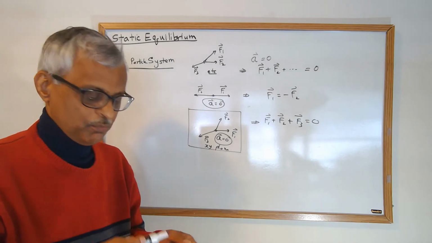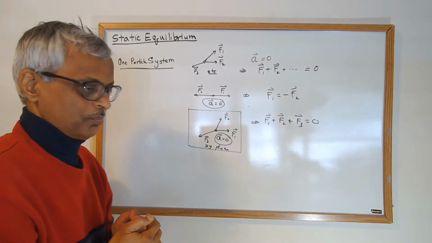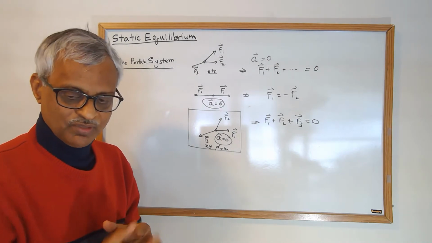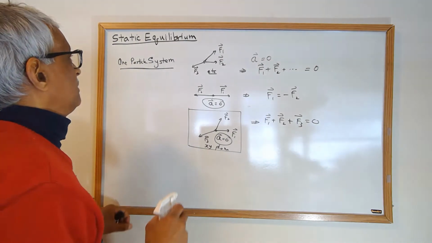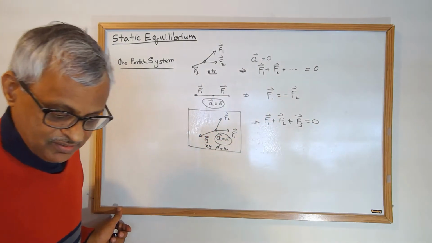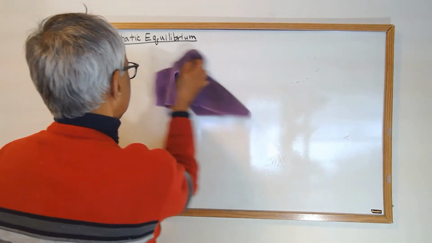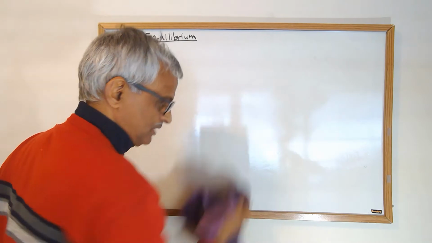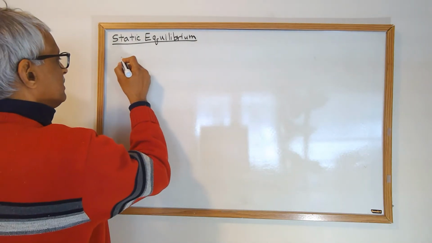What if I have more than one particle? Well, where would the equilibrium be, right? What will be the condition for static equilibrium? So if I have more than one particle, I can erase this to look at, say, a two particle system, like a dumbbell or something. So say I have a two particle system.